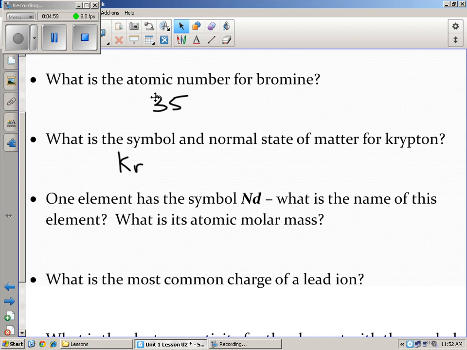Anything in gray writing, so potassium, calcium, scandium, titanium, vanadium, all those, anything with gray writing, not the outline, the gray writing here, for example, is a solid at room temperature. All right? There's only two liquids at room temperature, and that is mercury and bromine.